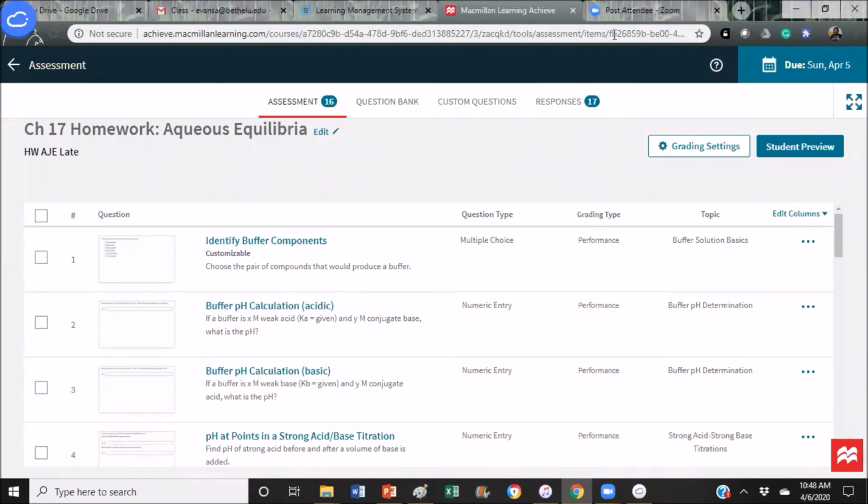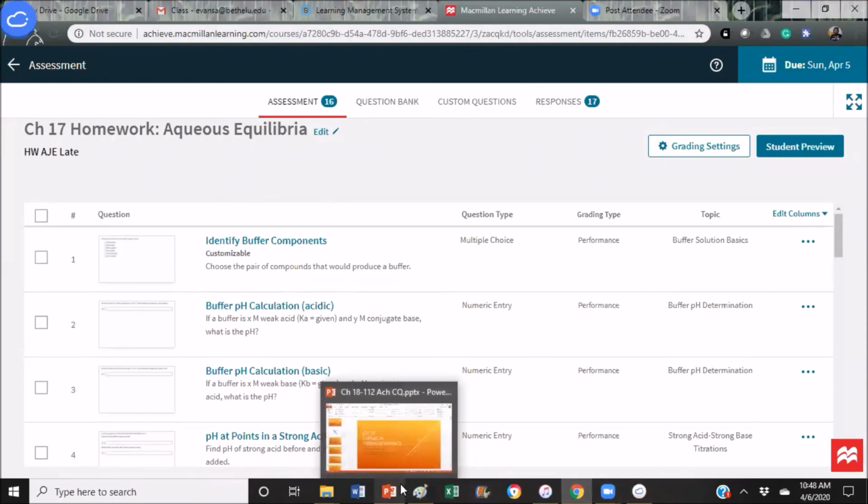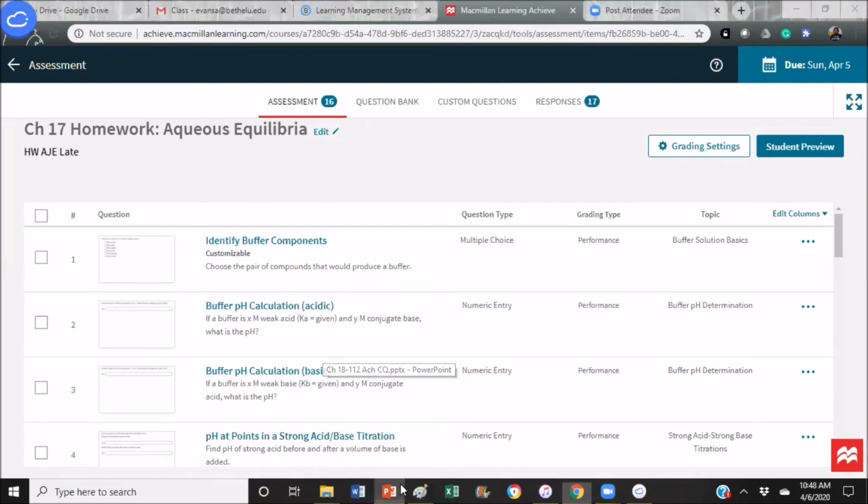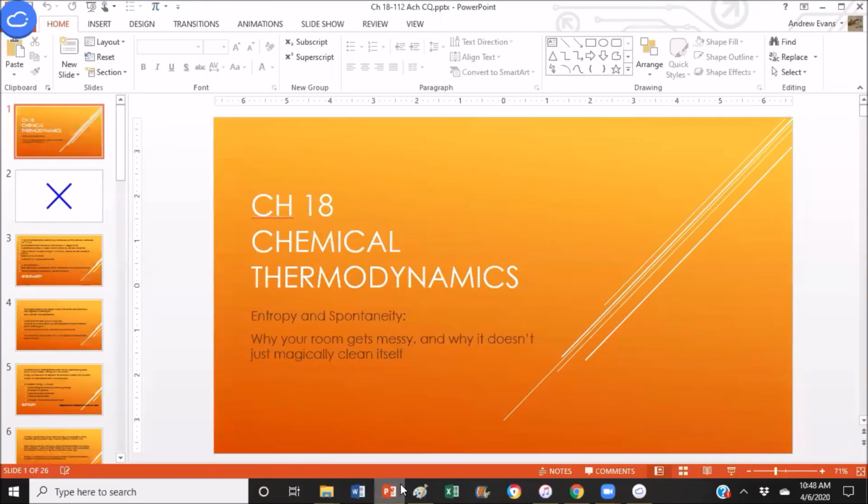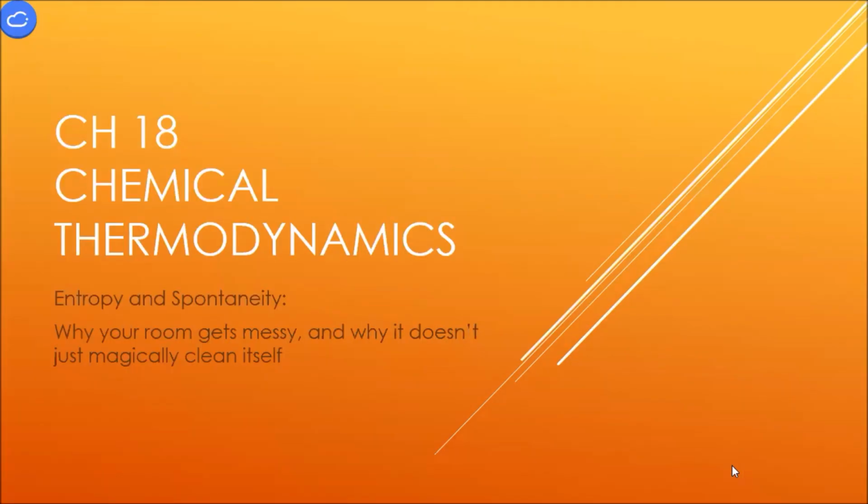Okay, so I'm going to briefly start, at least introduce, this new chapter. This new chapter is chemical thermodynamics. It should be a refresh of the thermodynamics that we talked about in general chemistry, except hopefully once we get through the basics of it, it's more or less the easy part.